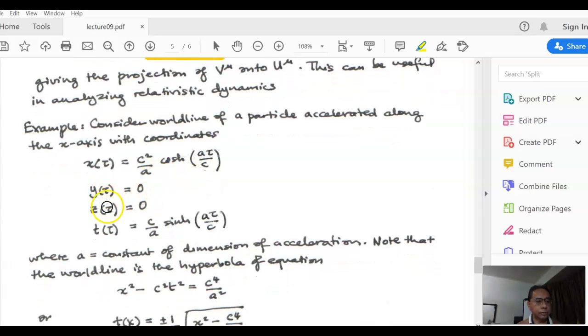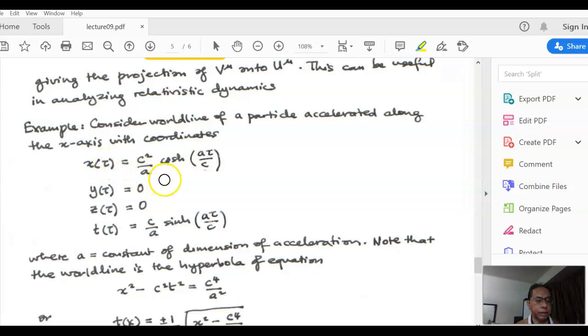And then for the rest, you let it be 0. So it's just accelerating in the x direction, and of course we should also have the fourth component, the time, which should also be a function of tau. And we can check that this is okay.